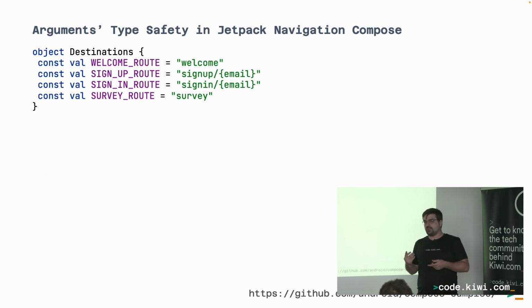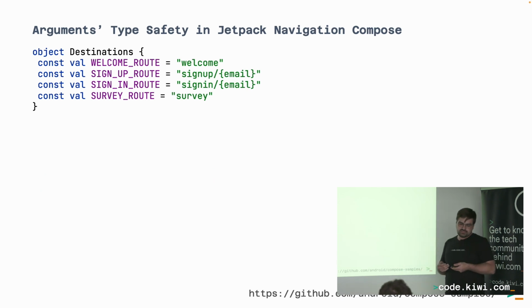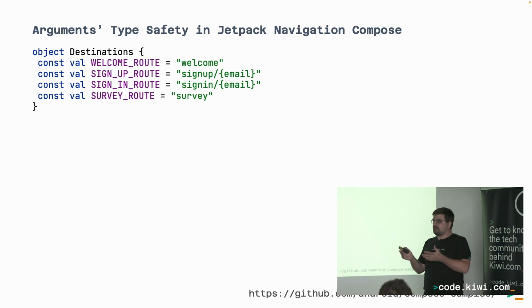This is an example, an official sample of how to use the Jetpack Navigation Compose library. This is the official library from Google. When you want to do navigation in Compose itself, they suggest creating this kind of destination object holding all those routes. They are practically part of a URL.